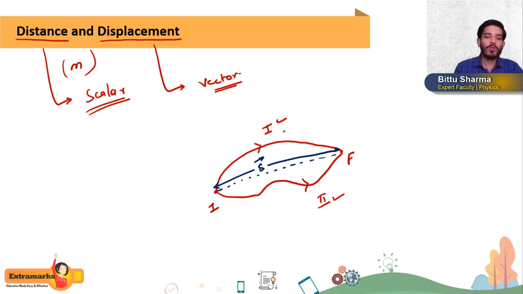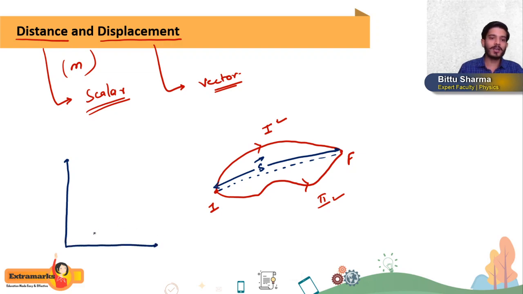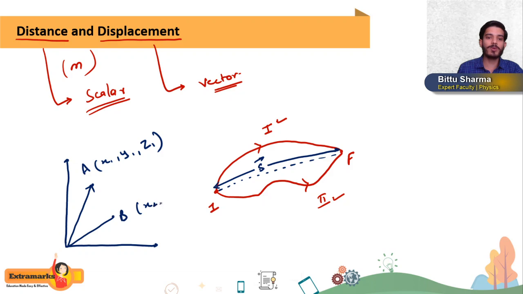Remember this thing. Let's suppose here we have 2 position vectors. This is the initial position vector, let us say A, and this is point B. The coordinates of point A are x1, y1, z1, and the coordinates of point B are x2, y2, z2.